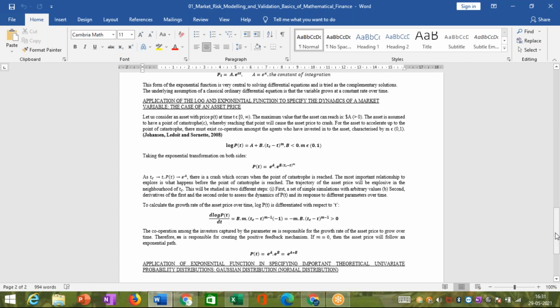The particular application that we are talking about is the normal distribution, or the Gaussian distribution. The Gaussian distribution is a very fundamental distribution in the domain of statistics, and has very widespread applications.